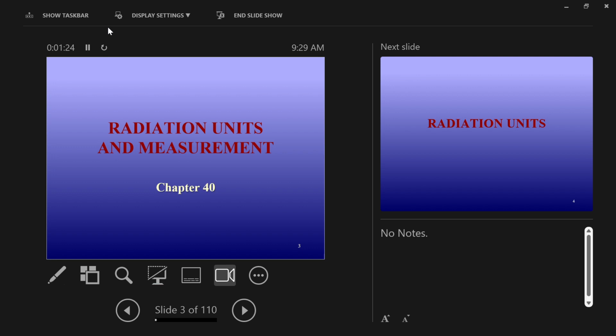We're going to talk about exposure, absorbed dose, dose equivalent, and effective dose. These are the four things that are measured today, and these all are going to have their own individual units.